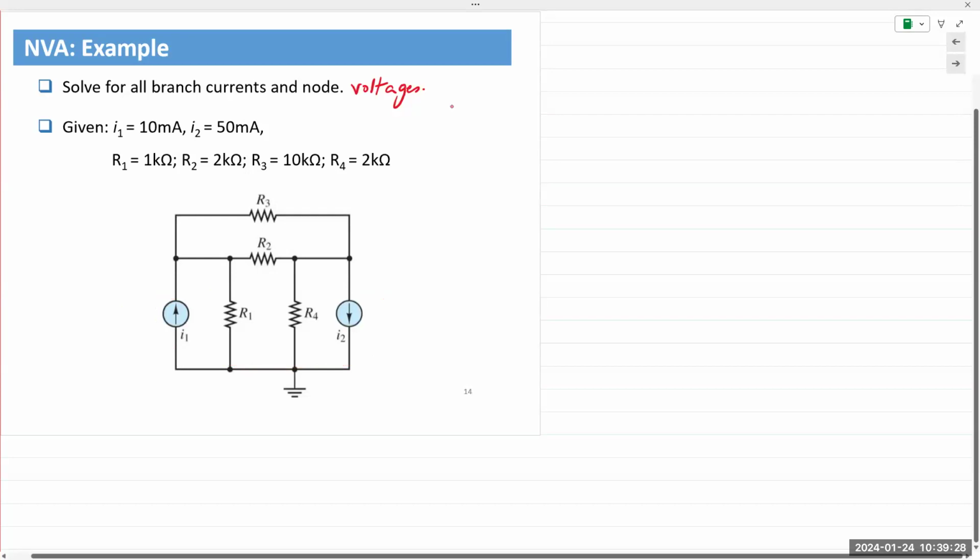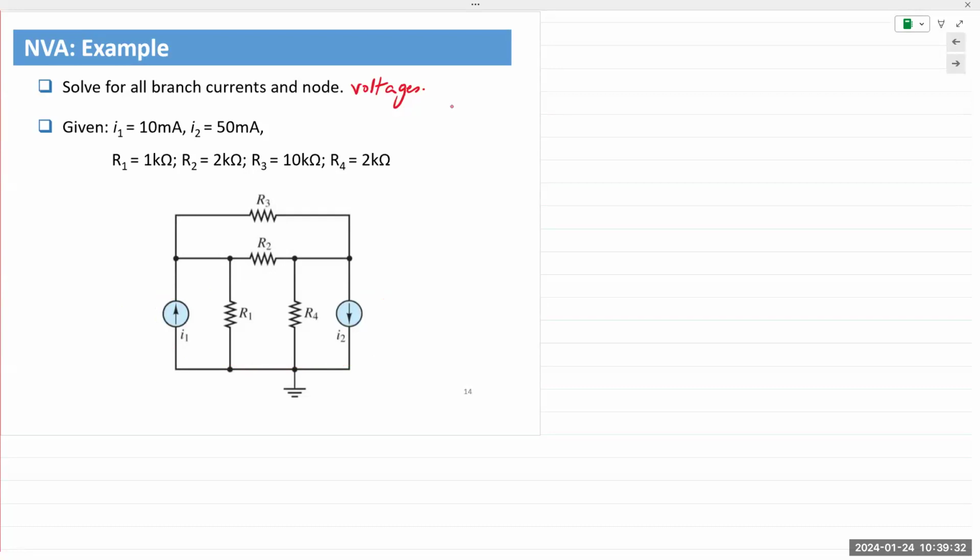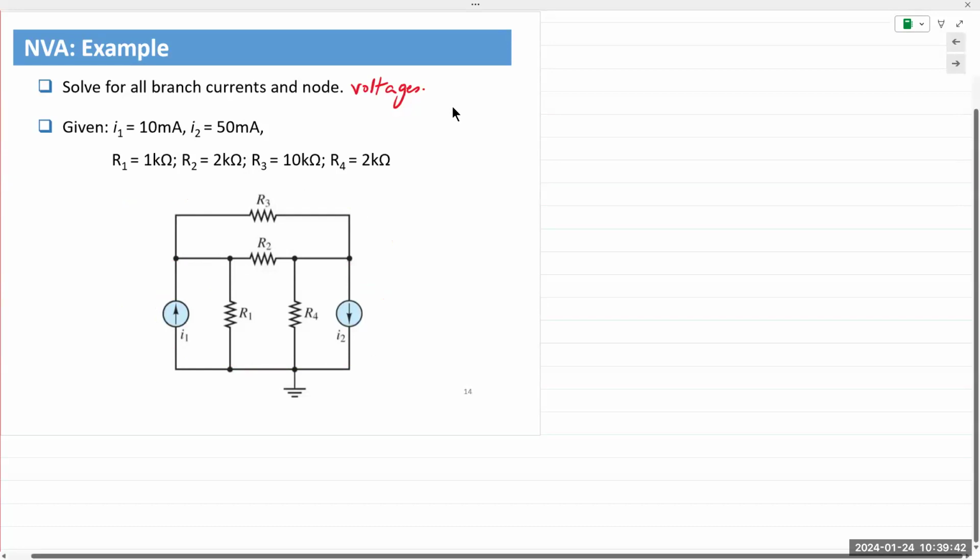So what's the first thing you see? What do we see about R2 and R3? They're in parallel, so we can reduce them.